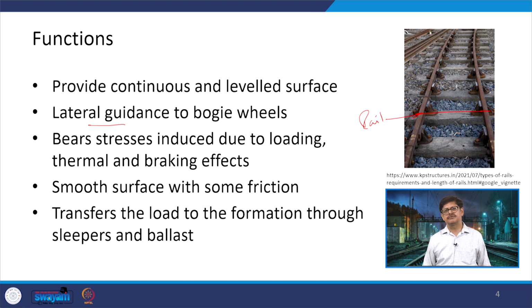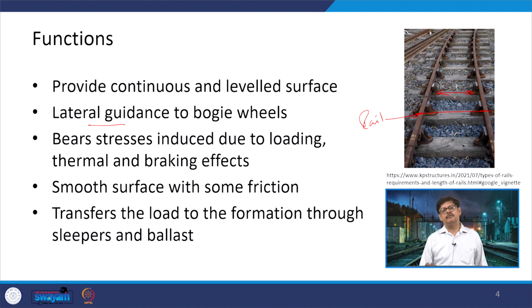We have talked about the coning of wheels. In the case of coning of wheels, the wheel sits on top of the rail and moves laterally because of the clearance which has been provided. Because of some irregular features in the track profile or certain forces, lateral movement will always be there.